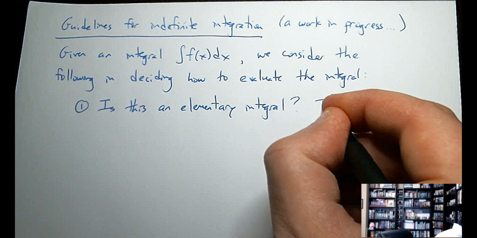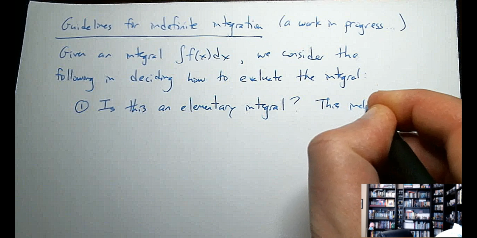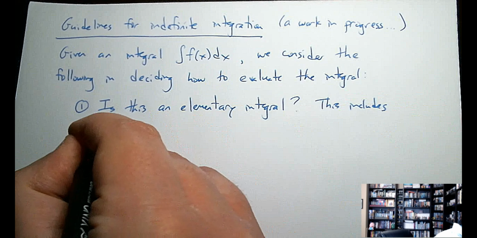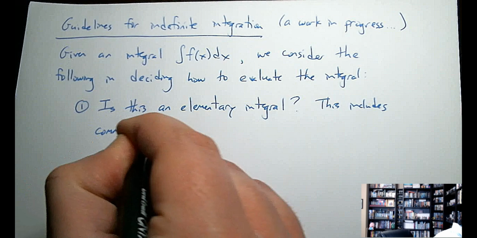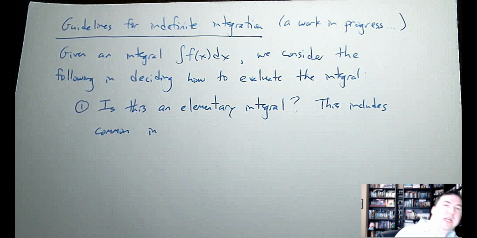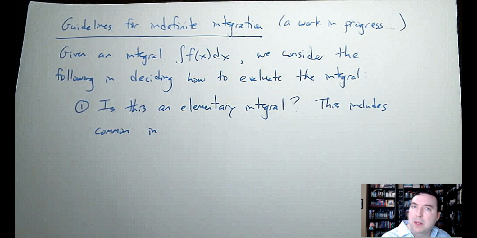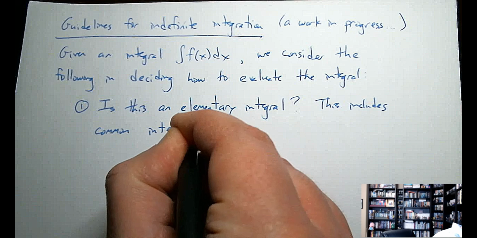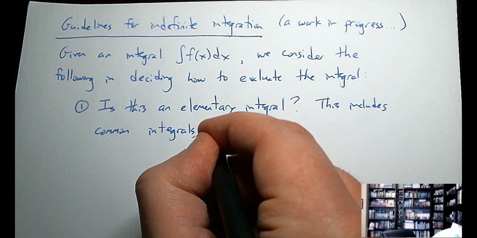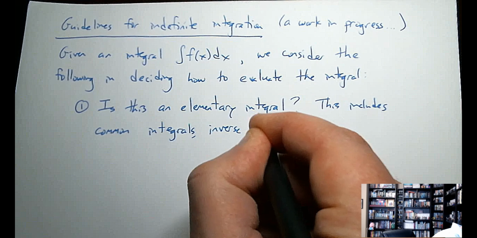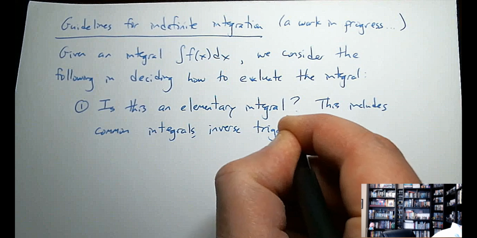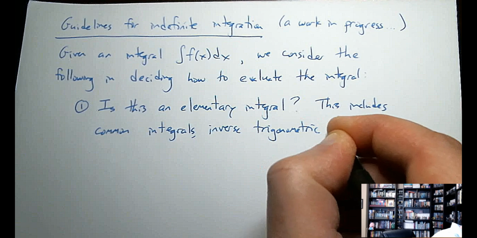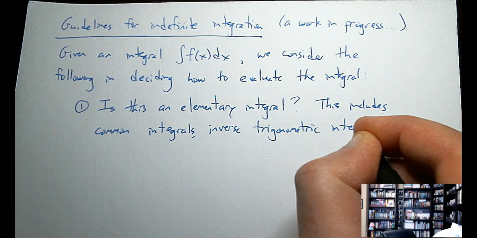So in other words, this would include any of our common integrals, the list of 14 or so that we developed right back at the start of the semester. It would also now include our inverse trigonometric integrals from section 1.3.